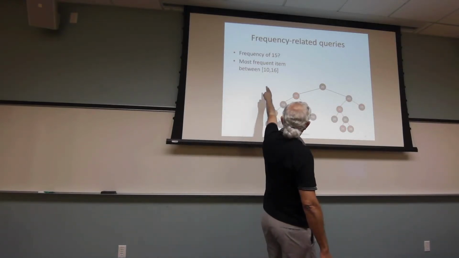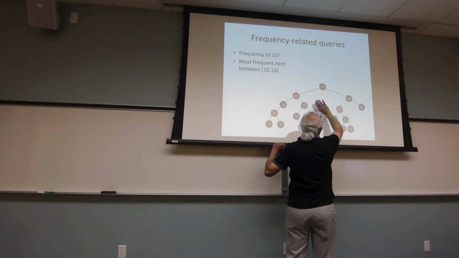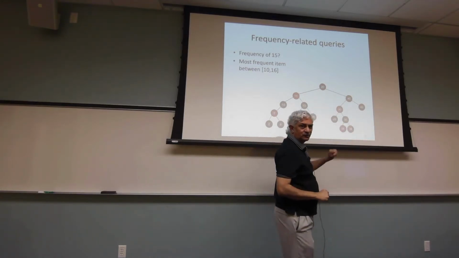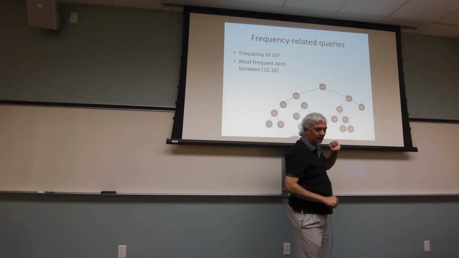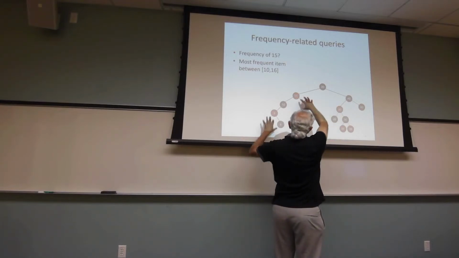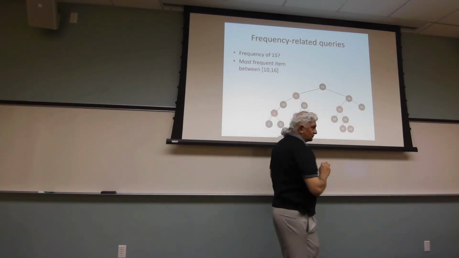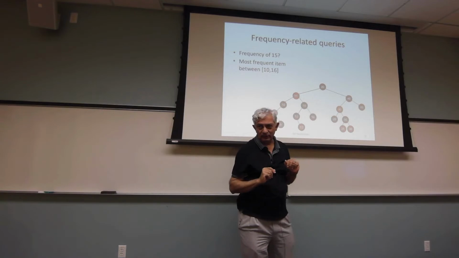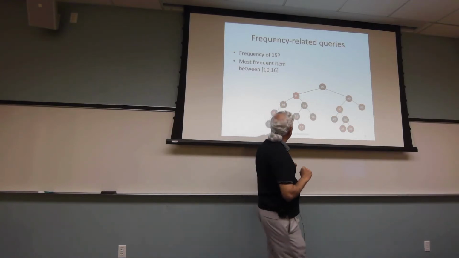We'll know that 10 to 16 is not there on this side of the tree, so you can essentially ignore that part. So from 20, you're going to come down here, and you know that 10 to 16 is all over here, so I only need to confine myself to this search.